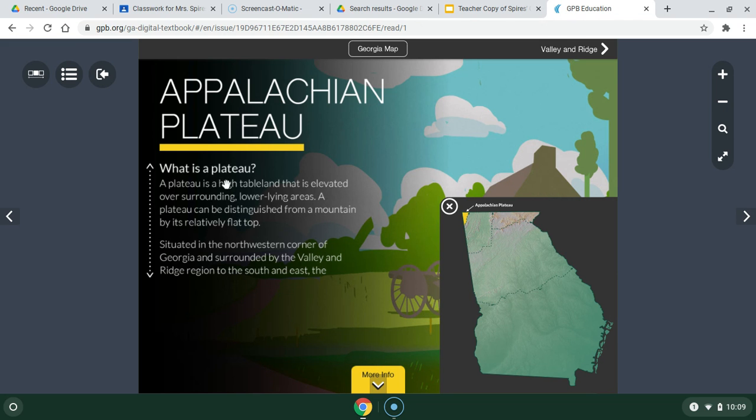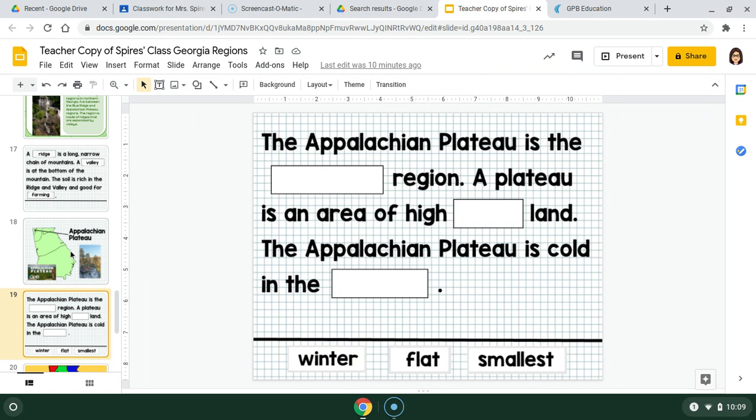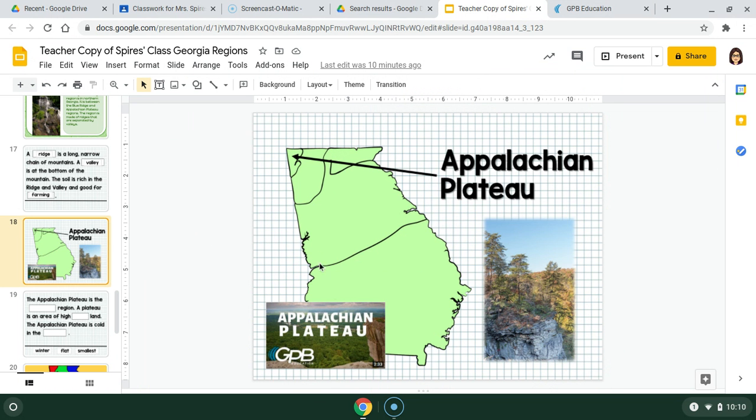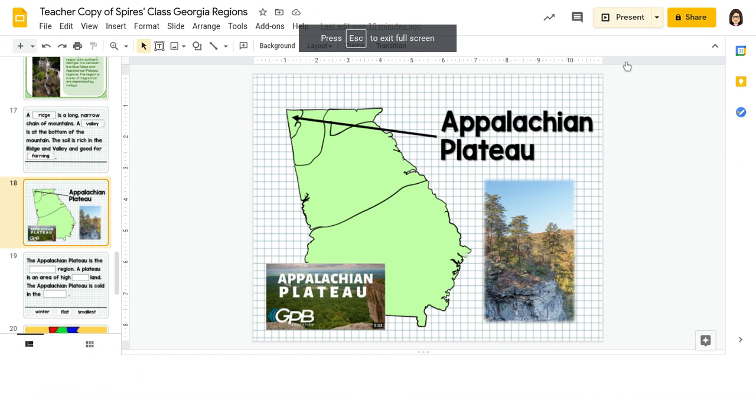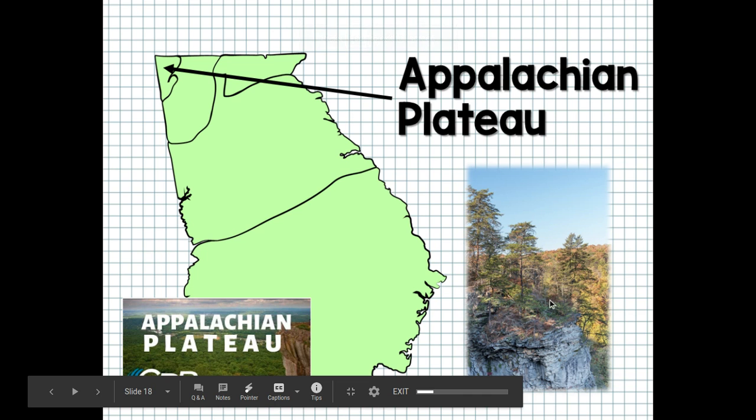So what is a plateau? A plateau is a high tableland that is elevated over surrounding lower lying areas. A plateau can be distinguished from a mountain by its flat top. So if you'll look back right on the picture, these are plateaus.